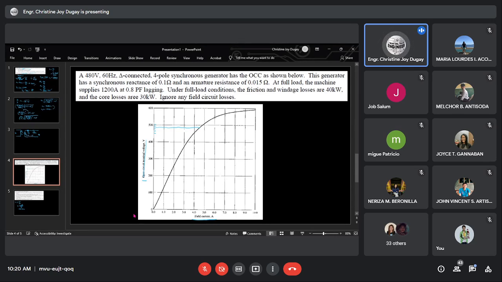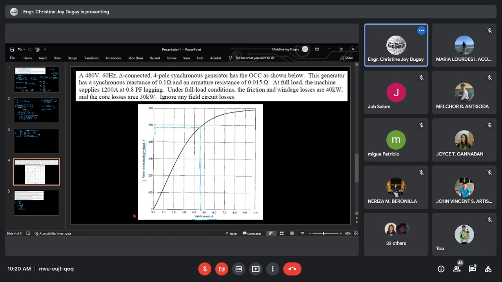Sorry, it's not a straight line, so we cannot use a ratio. To me it is around 4.6, 4.7.